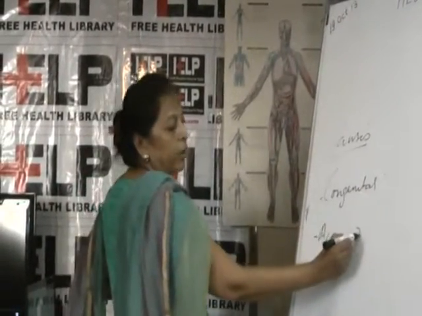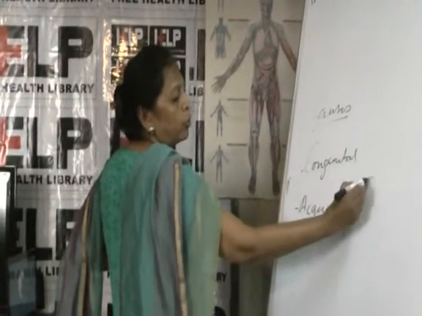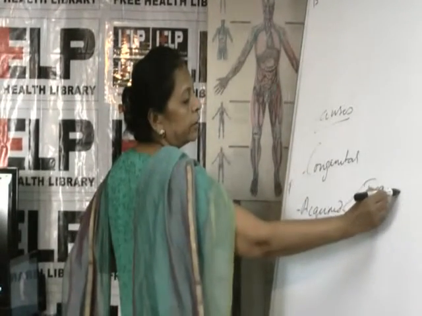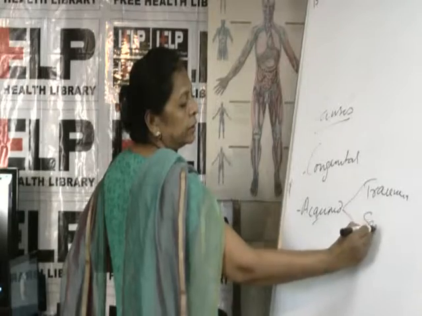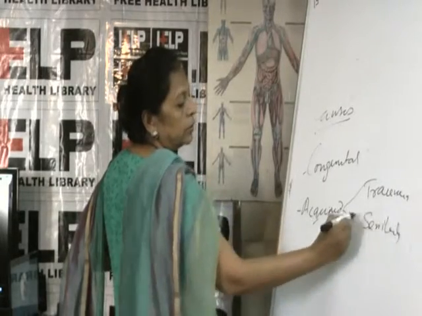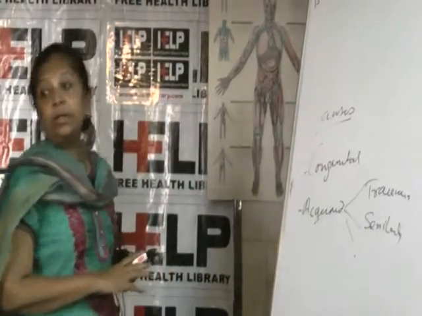That's a good question. Acquired may be trauma, which can also lead to cataract. Senility also. Trauma in what sense? When you say trauma, any injury, an accident, maybe any blunt injury. In case of accident, if the injury is on the eyeball, yes.